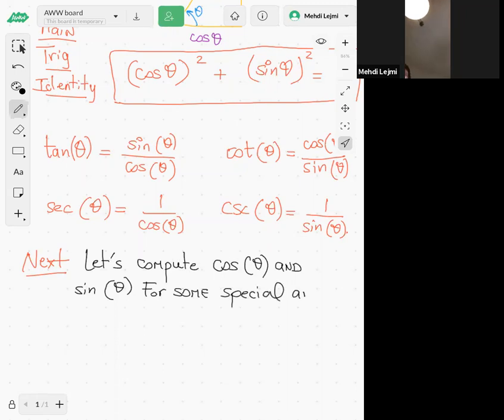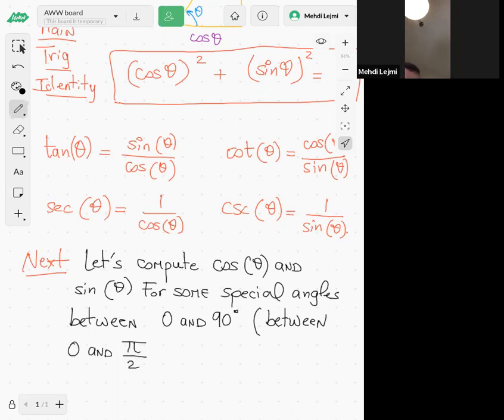Not all the angles, but some special angles between 0 and 90 degrees, or in other words, if we use radians, between 0 and pi over 2. Again, guys, just to remind you, pi is 180 degrees.